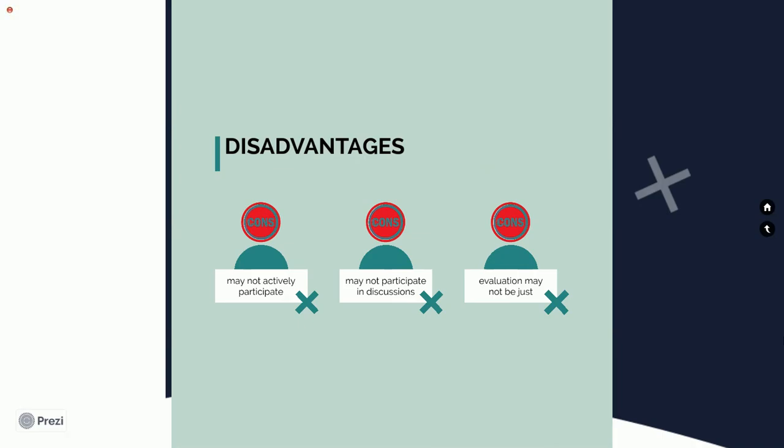Students prefer to learn individually and hence may not participate in discussions. For these learners, the teacher can mention the benefits of teamwork and how it can be helpful for them in the near future. 3. Evaluation may not be just. However, this issue can be addressed by the teachers by having evaluation rubrics in advance and making students familiar with it.